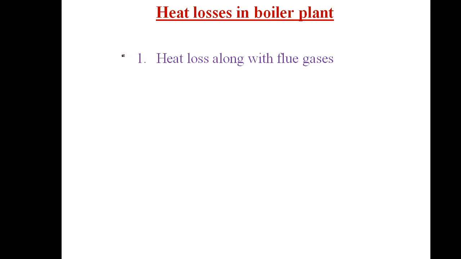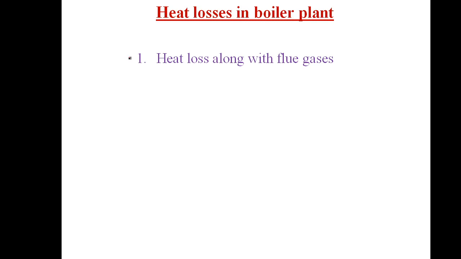The very first major quantity of heat is utilized to generate steam, and the rest of the heat is lost in various ways. Where this heat is lost, and how to calculate the amount of heat lost in the various devices or modes, we will be studying here.